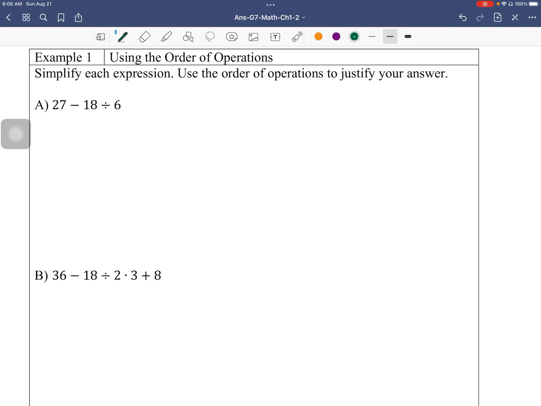So from question 1, I have PEMDAS. Do I have parentheses? No. Do I have power, exponents? No. Do I have multiplication, division?